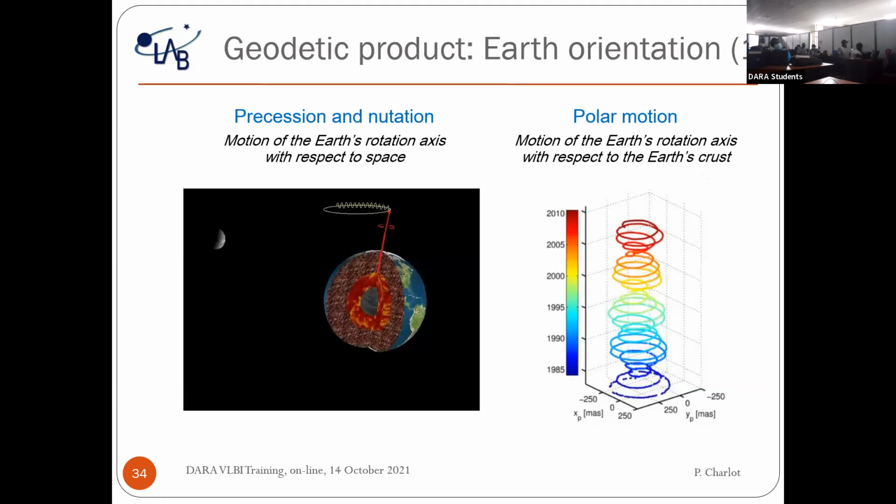Okay, so this was for the terrestrial frame. Second product, the Earth orientation. First, the parameters having to do with the Earth's rotation axis. On the left, this is an illustration of the motion of precession and nutation.